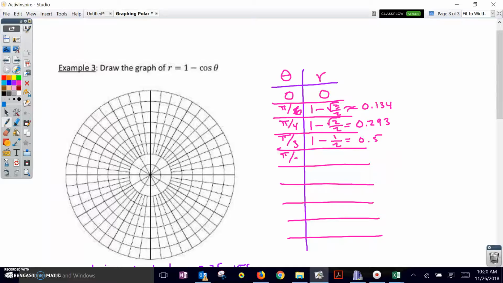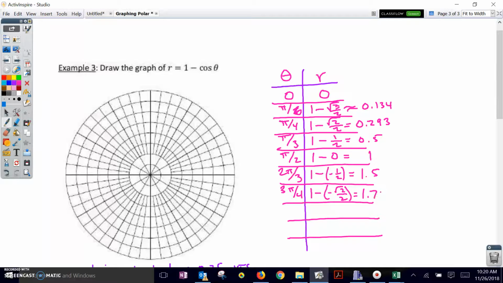At pi over 2, the cosine is 0. It's going to be 1 minus 0, or 1. At 2 pi over 3, the cosine is negative 1/2. It's going to be about 1.5. At 3 pi over 4, the cosine is negative root 2 over 2.